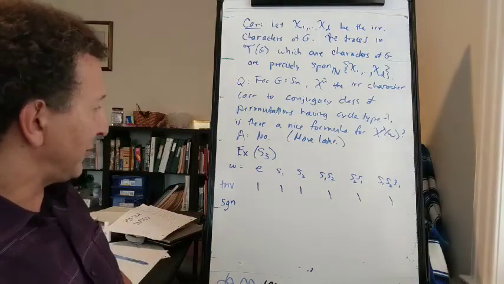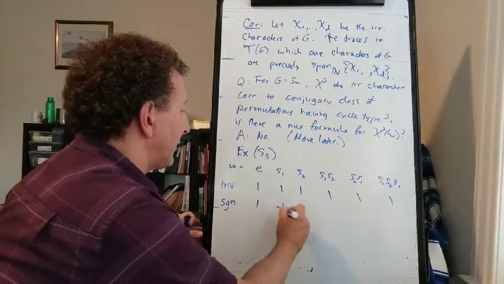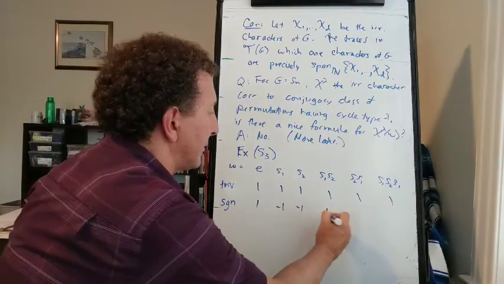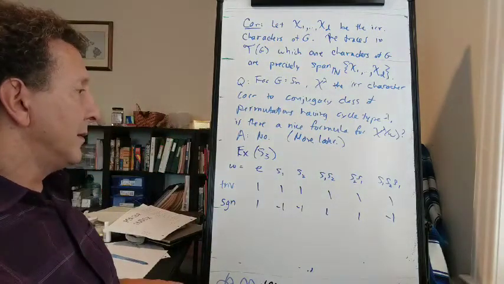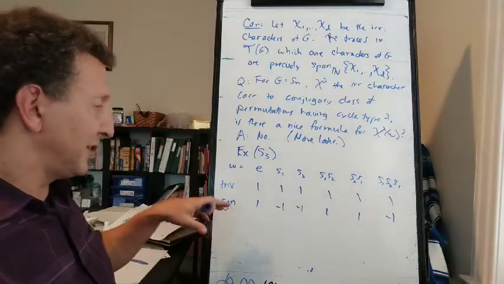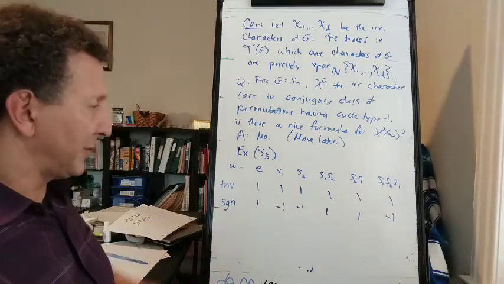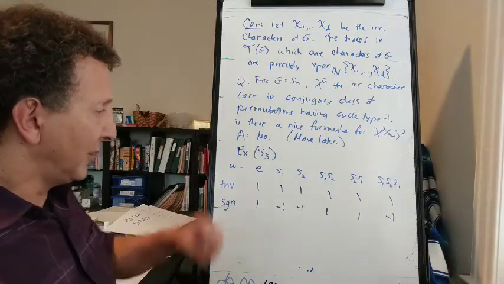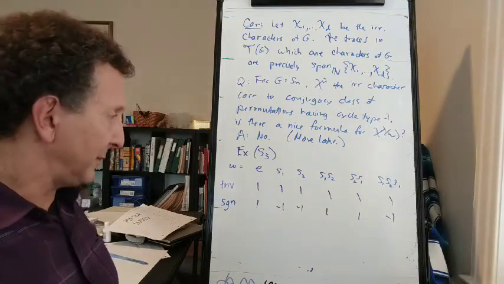Then we've got the sign representation, which is -1 to the length. Now, this is a representation because sign happens to be a homomorphism. It's irreducible because it's one-dimensional. None of these ones or negative ones could possibly be a direct sum of smaller matrices.